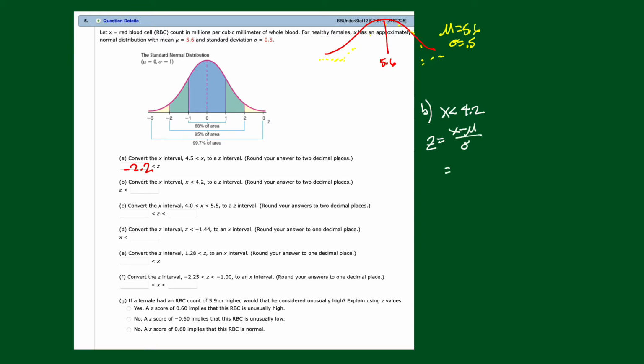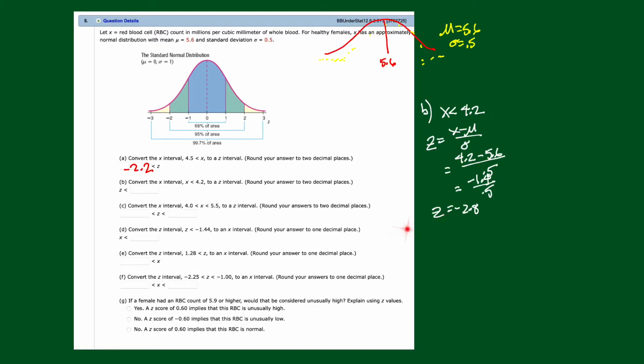So we are going to have x, which is 4.2, minus the mean, which we are given up at the top there to be 5.6, all over 0.5. Now that top turns out to be negative 1.4 over 0.5. So our z value here is negative 2.8.